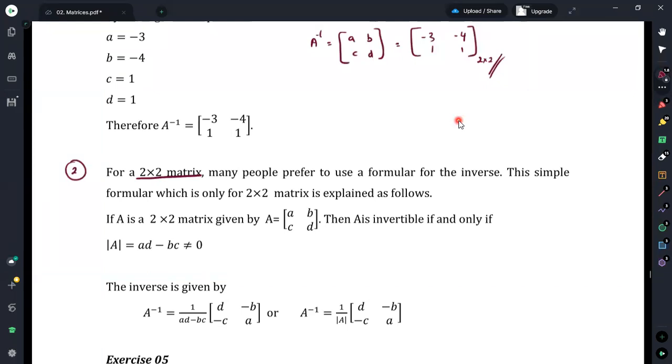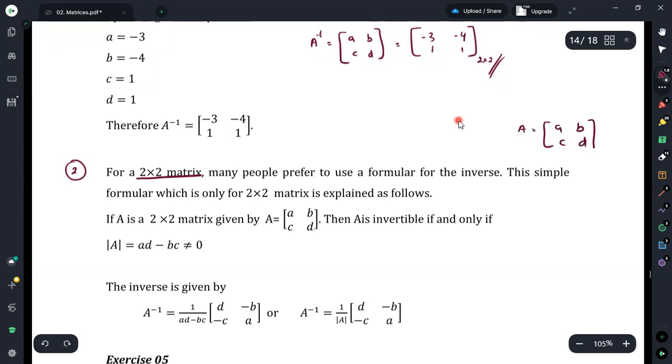Suppose that I have the matrix A, having the elements A, B, C, and D. These are the four elements that I have inside the matrix A. Suppose that I need to obtain the inverse of this matrix A. When we are going to obtain the inverse, I told you that initially we need to check whether the inverse exists or not.